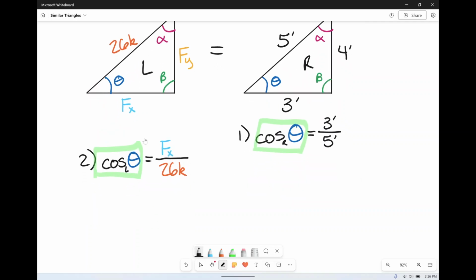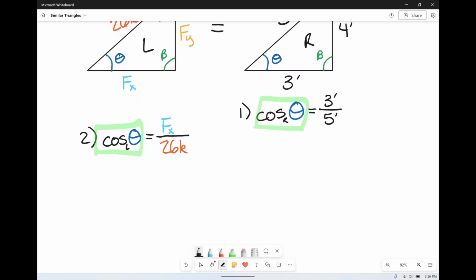So again, when you have the same thing, it's still cosine theta. I'm going to rewrite this equation here. I'm going to say 3 feet over 5 feet is equal to cosine of, you guessed it, theta. But cosine of theta is equal to Fx over 26 kips, right?